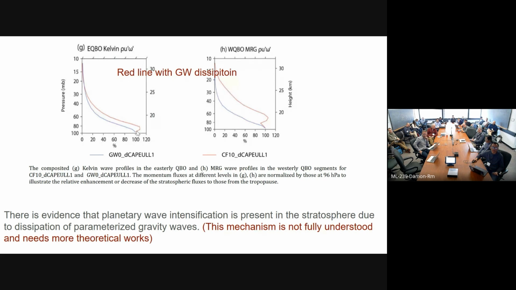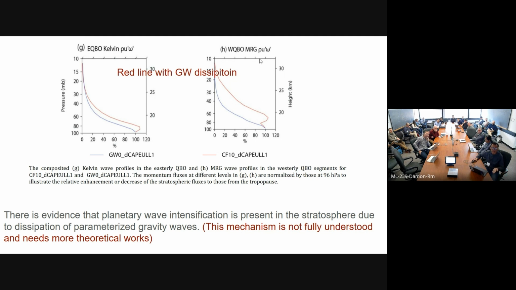And here we see in the easterly QBO phase, the red line represents the simulation with the gravity wave dissipation, and the blue line is when the gravity wave scheme is turned off. So you can see, compared to the input from the tropopause, the Kelvin wave is intensified in this region in the easterly QBO phase, not in the westerly QBO phase.